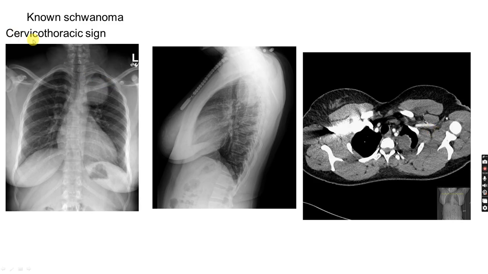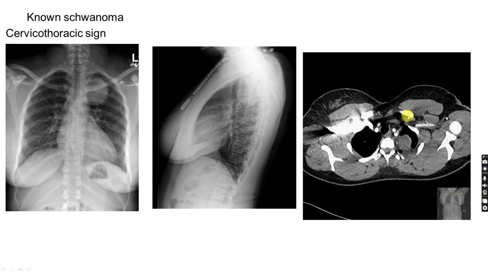Then another important sign is the cervicothoracic sign. Here on the frontal chest radiograph, you can see the mediastinal lesion, and it is going above the clavicle. And if you see the lateral border of the lesion above the clavicle, and if it is sharp, then it has to be in the posterior mediastinum. And we can confirm it on the lateral radiograph and obviously on the CT. Then what is the logic?